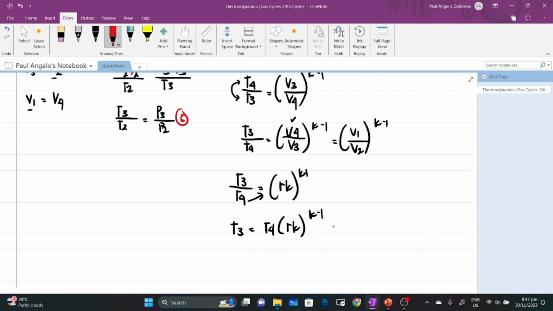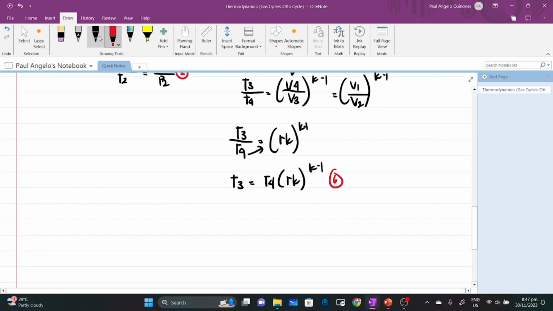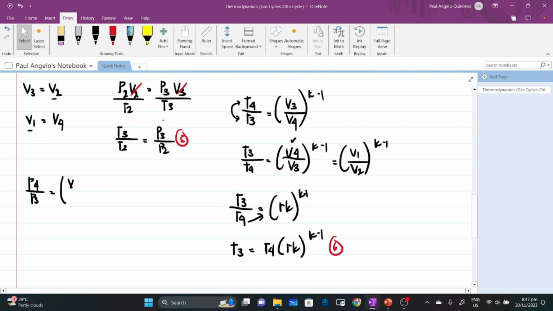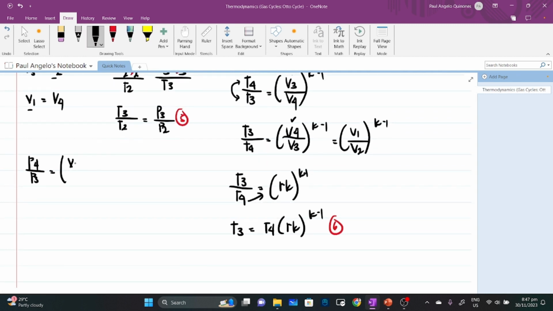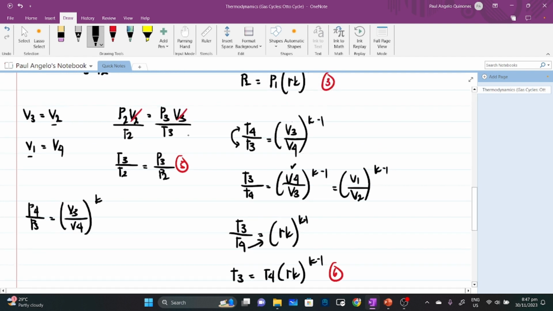So this is your equation number 6. What about the pressure? P4 over P3 is equal to V3 over V4 raised to K. I can use this immediately because P sub 3 we can solve using combined gas law, or equation number 5. So this is equation number 7.